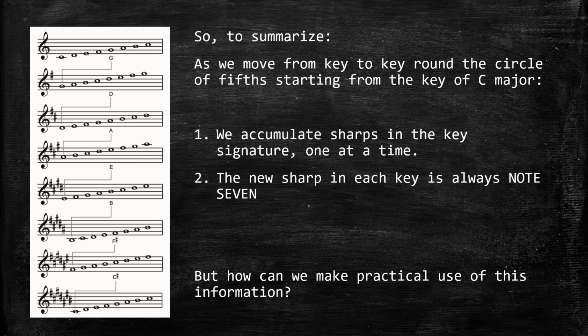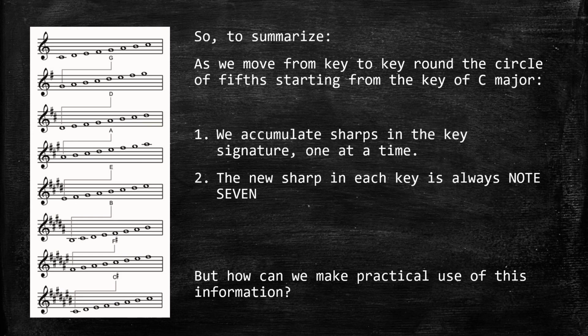So, to summarise, as we move from key to key round the circle of fifths, starting from the key of C major, we accumulate sharps in the key signature one at a time. The new sharp in each key is always note 7.